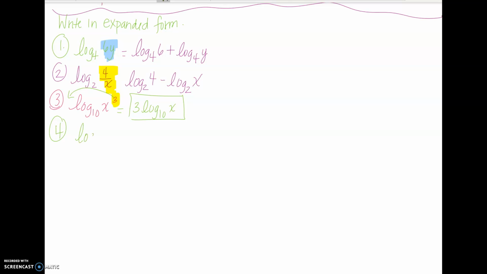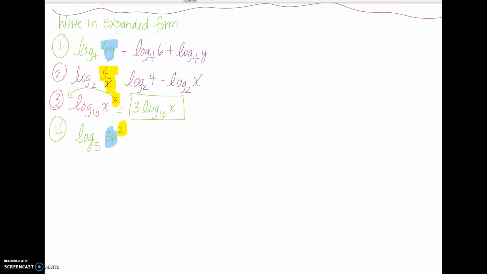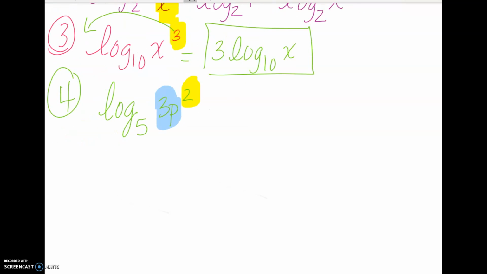There are a couple things going on in this one. It's log base 5 of 3p squared. One of the things going on is the power. The second thing is multiplication. So we have product and we have power.